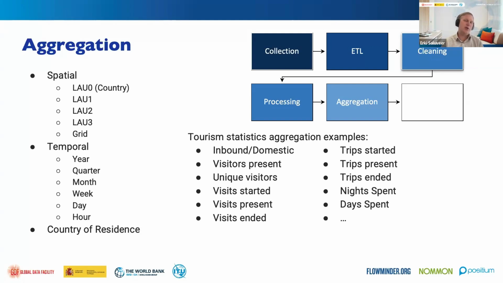So the most common spatial aggregation methods are local administrative units. So either you do it on the regional or country or really village level. There is also spatial interpolation into the grids as one common way.